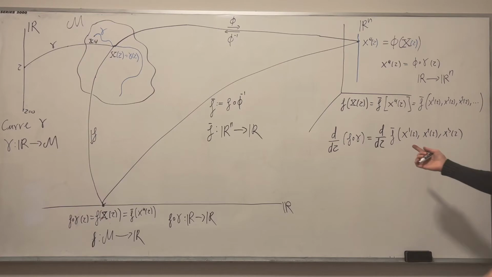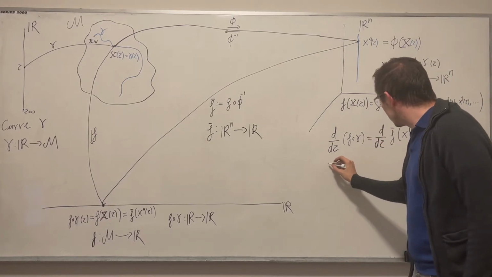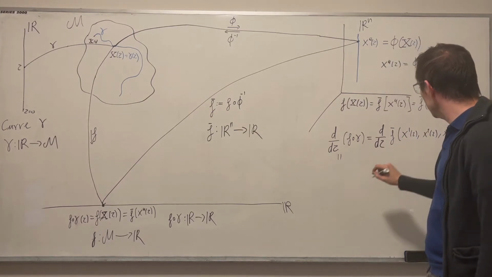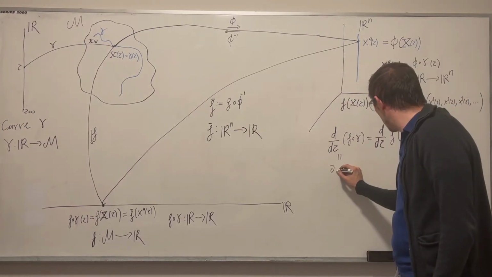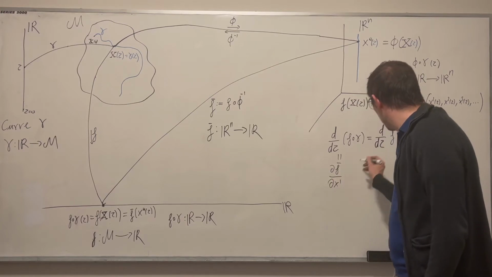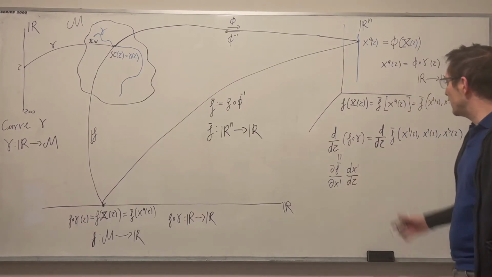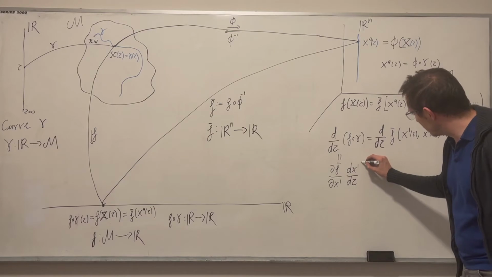I can compute that using, of course, the chain rule, right? So I know that the variation, this thing, is going to be equal to the partial derivative of f bar with respect to x1, and then the variation of x1 with respect to tau, right? Evaluated, say, at the point tau 0.